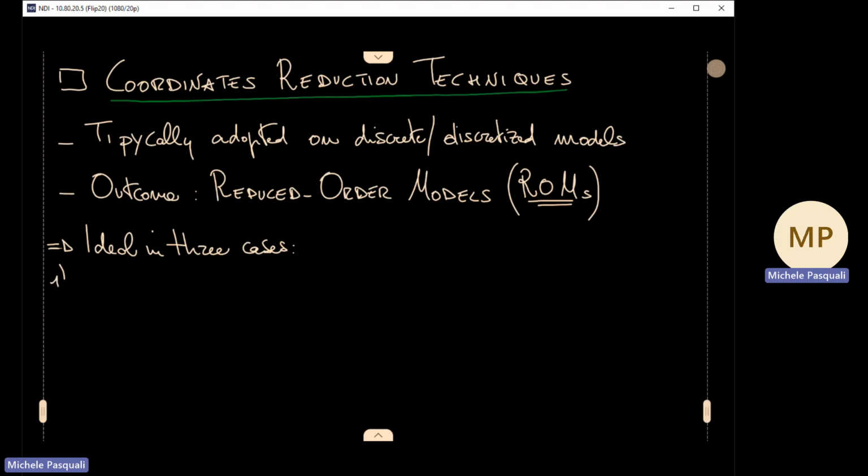First, when we have an interest for the response of the system in a limited bandwidth of frequency. So we don't care about the response of the structure or the system on the overall spectrum. We only have to make sure that the behavior is what we want in a limited bandwidth, okay?